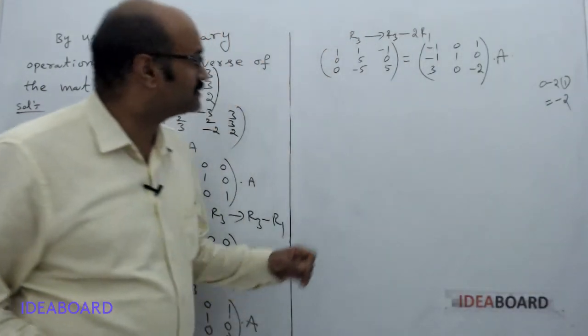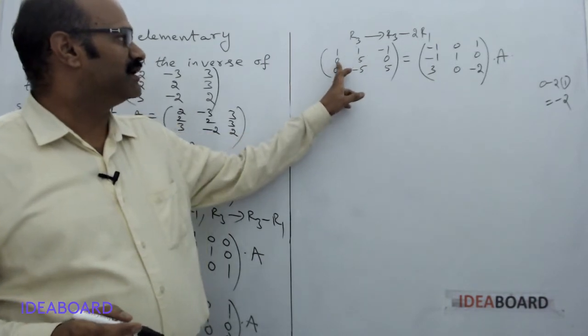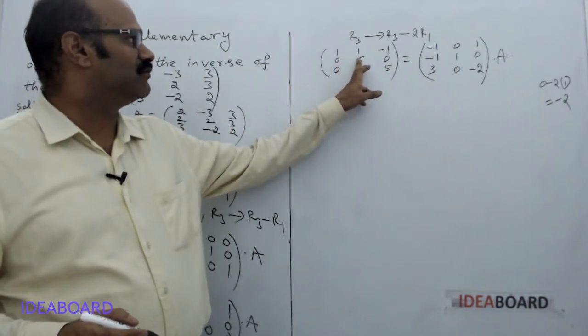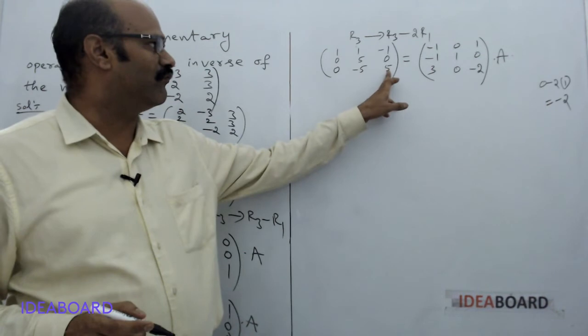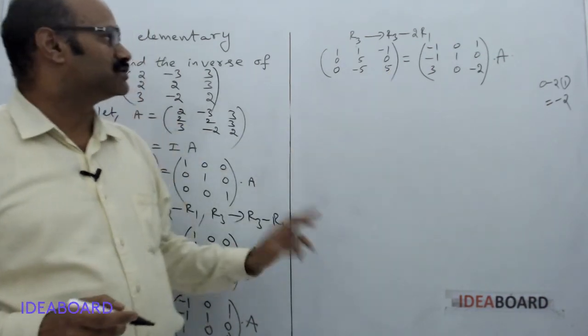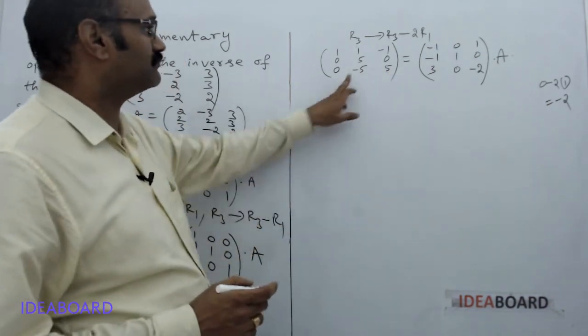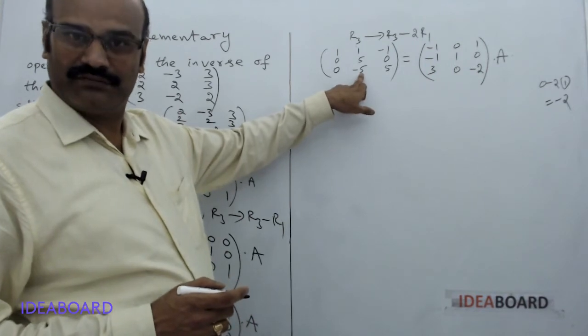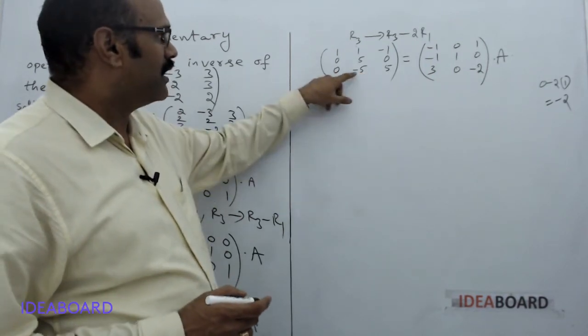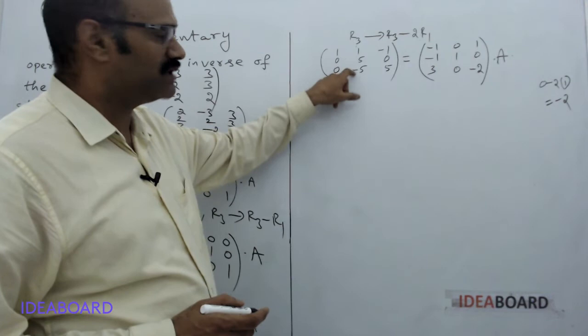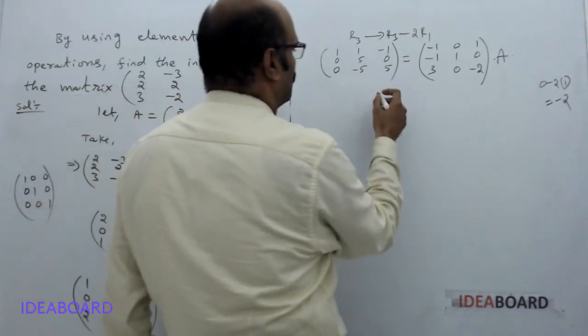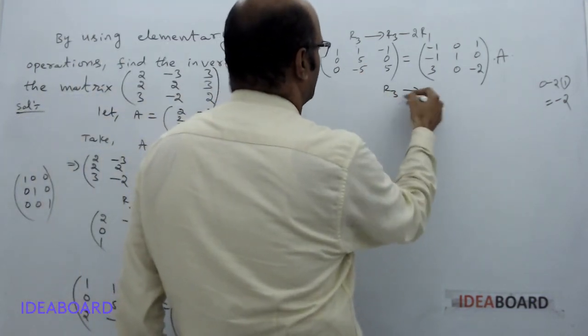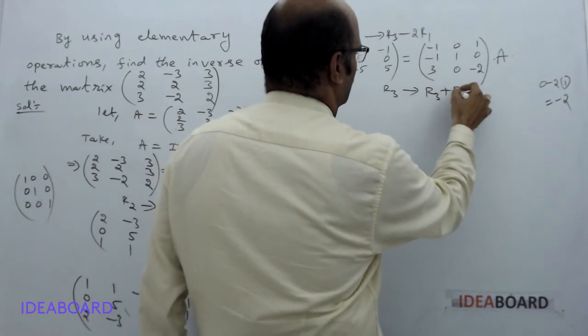Now it implies here we should get 0, 1, 0, 0, 0, 1. So for that we should get 0 here. So to get 0, add R2 and R3. R3 implies R3 plus R2.